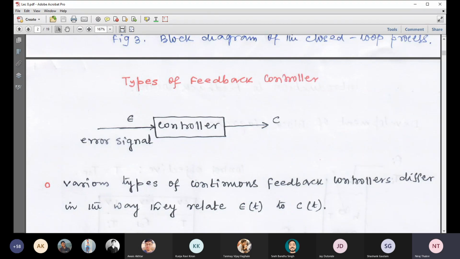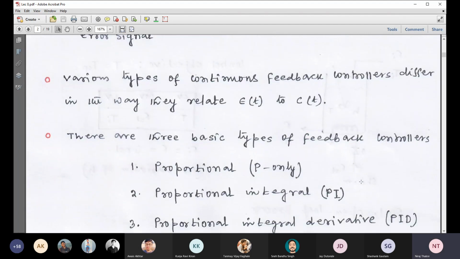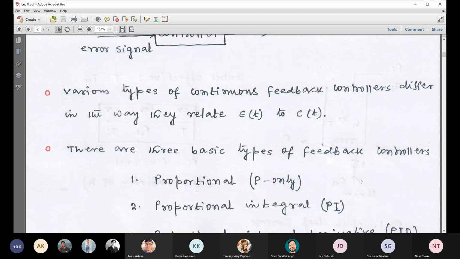Various types of continuous feedback controllers differ in the way they relate error to C. Let us see how they relate, but before that, let us know the three types of control actions.